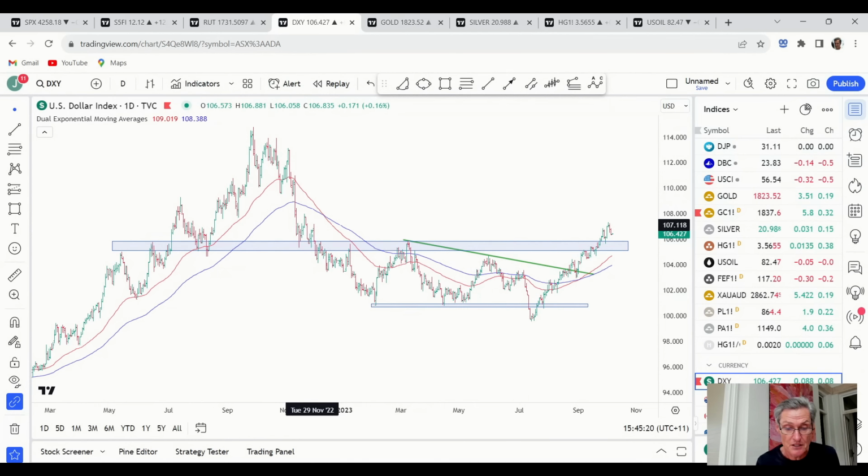So this is something which is, I think, putting pressure on various markets. You can see the break higher coincides with a breakdown in many of the commodities over the last week. We've had gold, silver, copper all weakening, oil weakening.